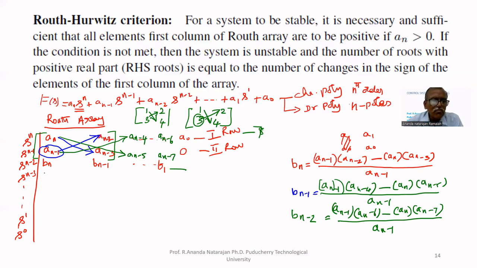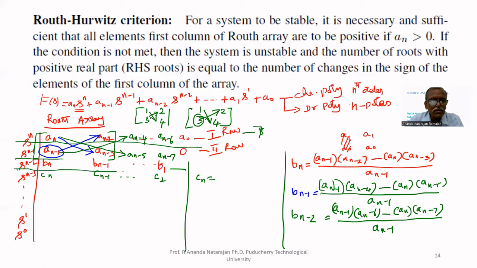Then how to form the next row? c n minus 1, etc., up to c2 it will come. How to find c n? We have to take the second row and third row. Just now we found the third row, this is the fourth row to be found. To find the third row, we used the first row and second row.